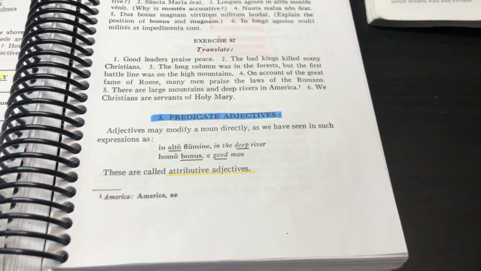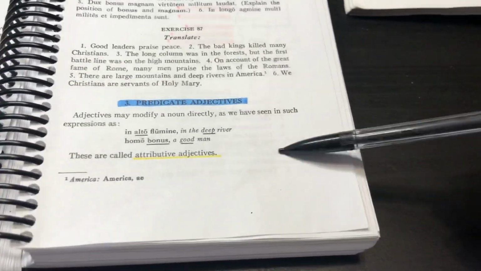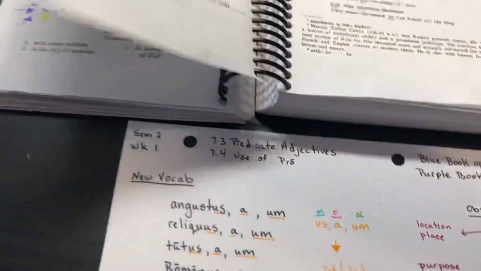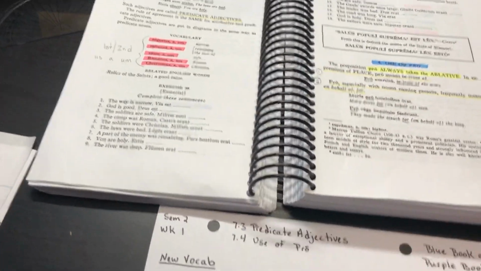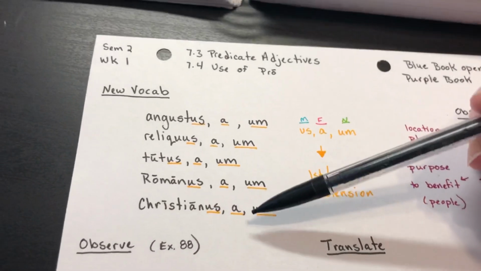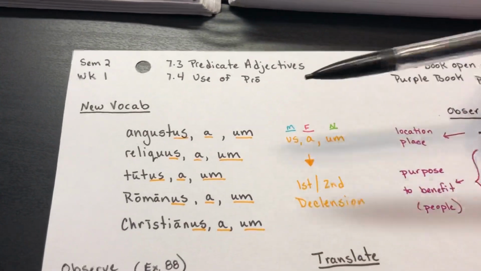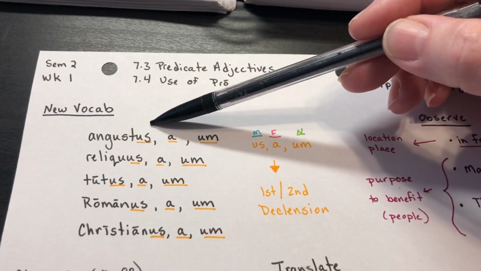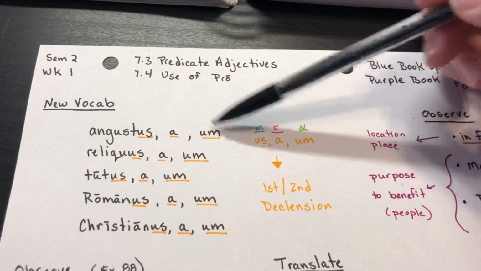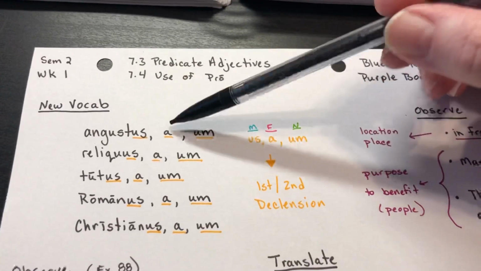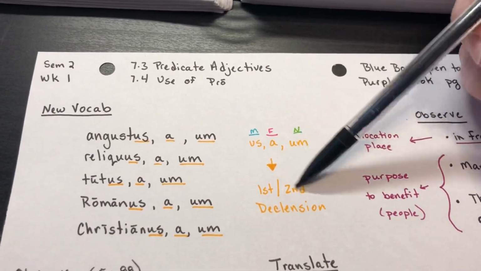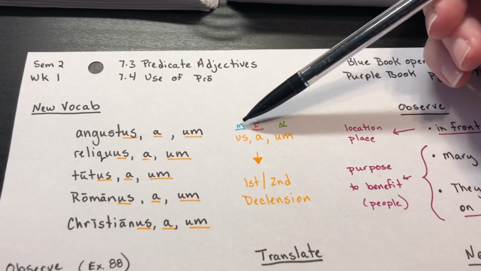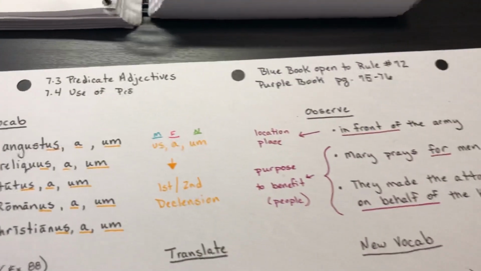For predicate adjectives, before we get into our textbook, I probably will have the vocabulary from the next page already written on the board, and then we'll take some time, we'll observe, and we'll basically refresh our memory of what adjectives are, with this usa and the fact that usa tells us that we have first and second declension adjectives, and that will give us our masculine, feminine, and neuter endings.